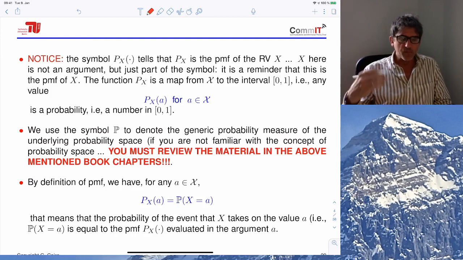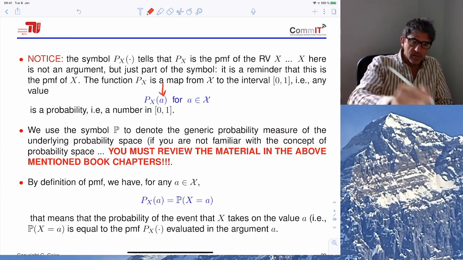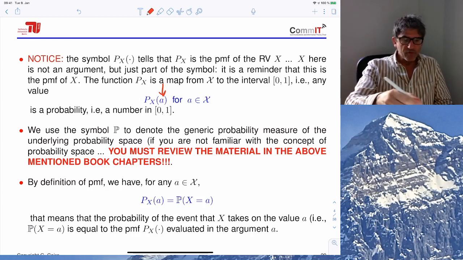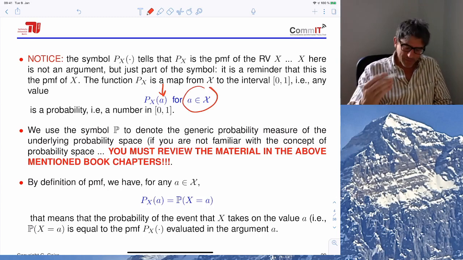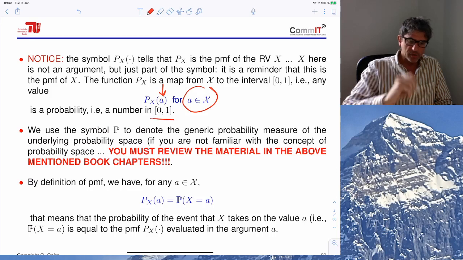It's just to say that P sub X is the PMF of X. If I had another random variable called Z, I would call its PMF P sub Z. Okay? The argument is here. The argument, you read it here. And for every A in X, this P sub X of A is a number from 0 to 1.